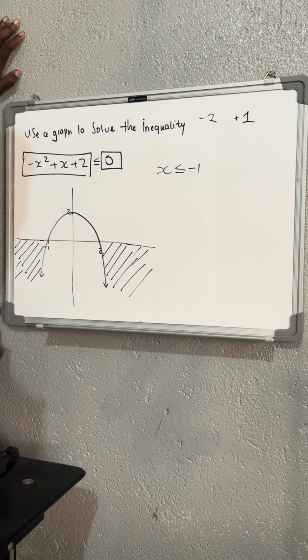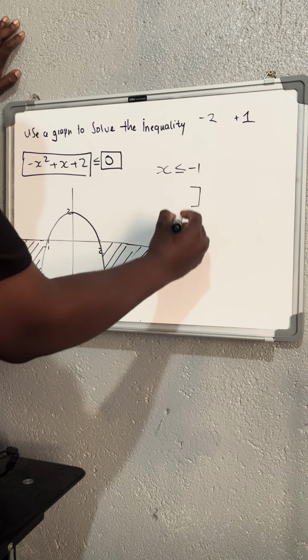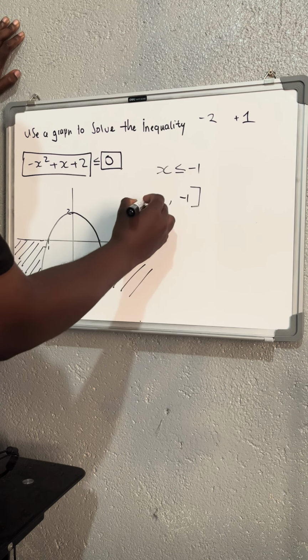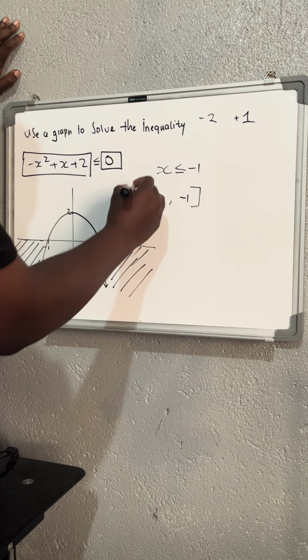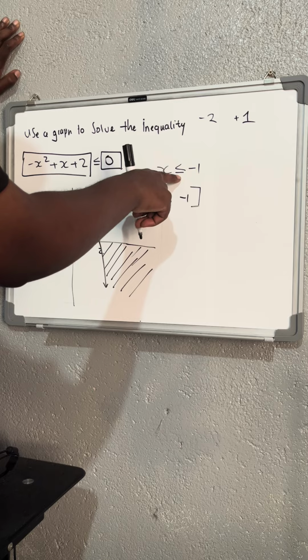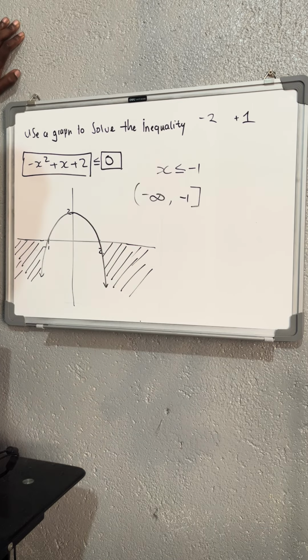So this basically means that you have your values starting from -1 and including -1 up to negative infinity. So each and every time you see a less than or equals to sign like this, it means now you're going to use this sort of bracket that shows the restriction. So that's that part.